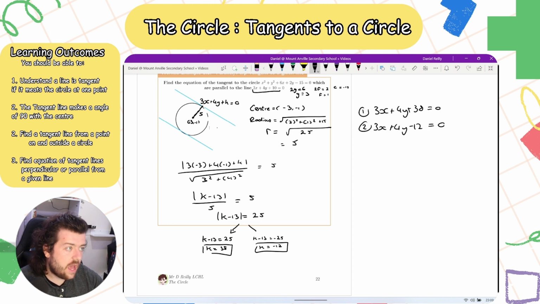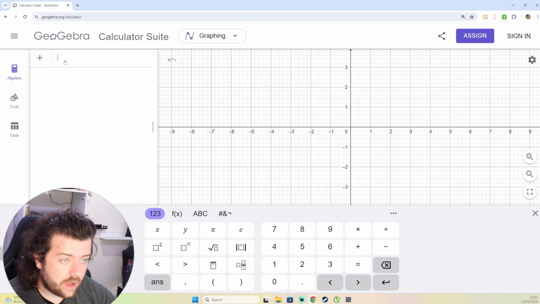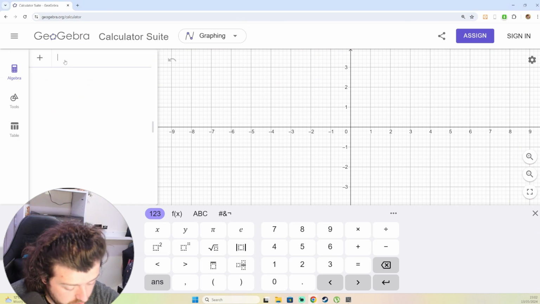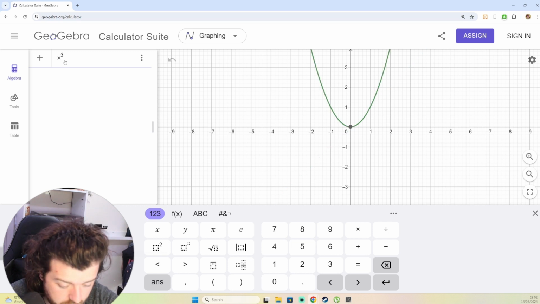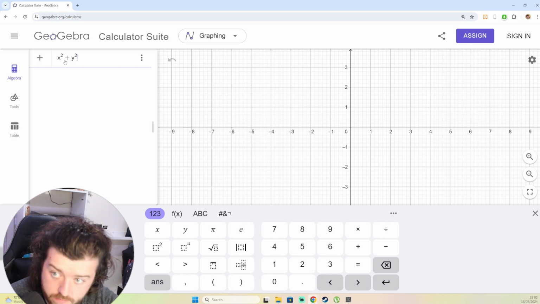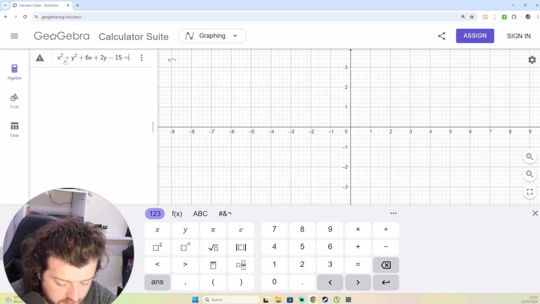So, when we go to GeoGebra now, let's type in the equation of this circle here. So, the equation of the circle is x squared plus y squared plus 6x plus 2y minus 15 equals 0.